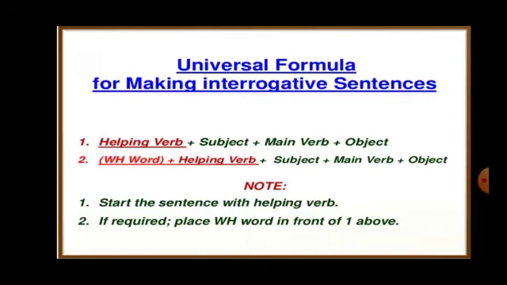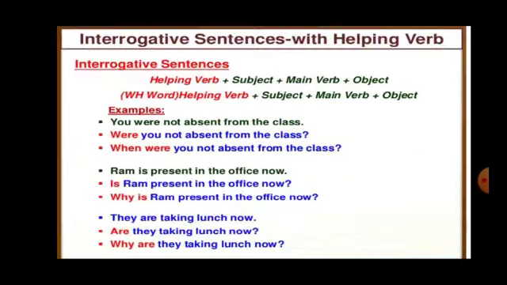These words are known as WH words, plus helping verb plus subject plus main verb plus object. Note that the sentence starts with a helping verb. If required, place the WH word in front of the above. Now, an interrogative sentence means helping verb plus subject plus main verb plus object.